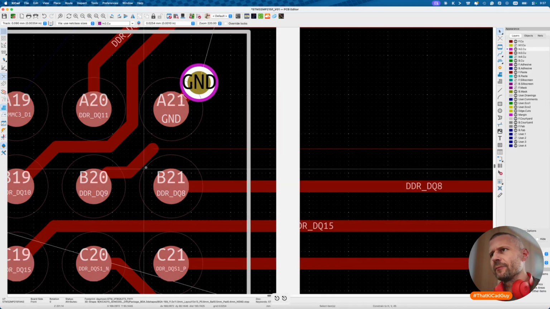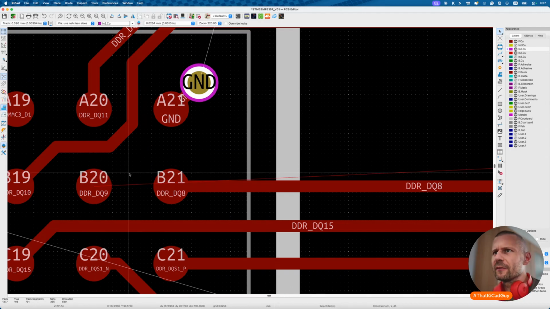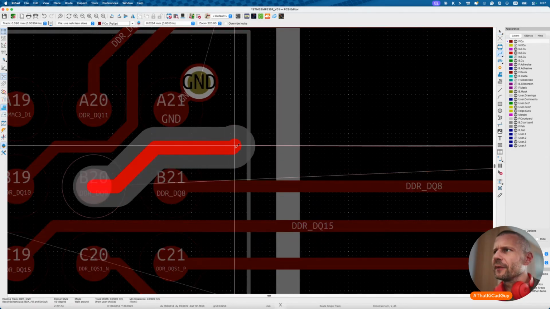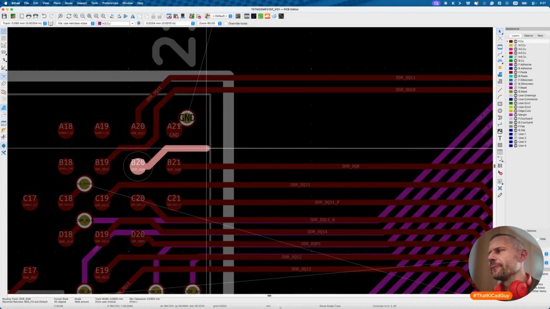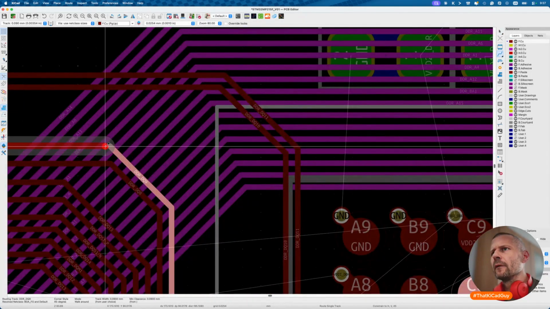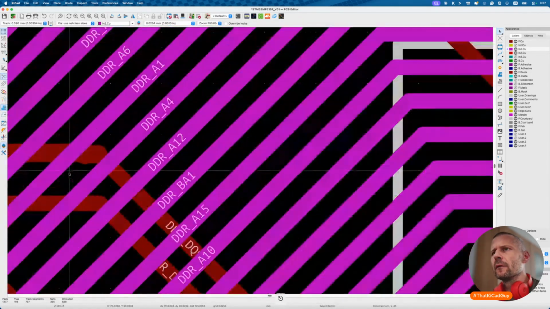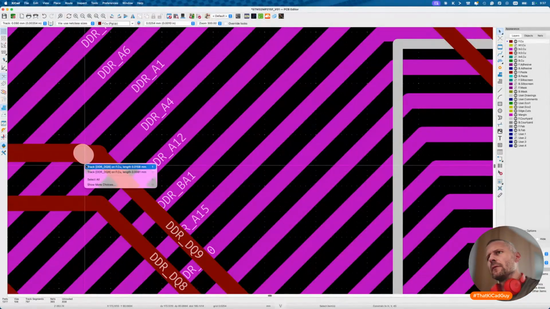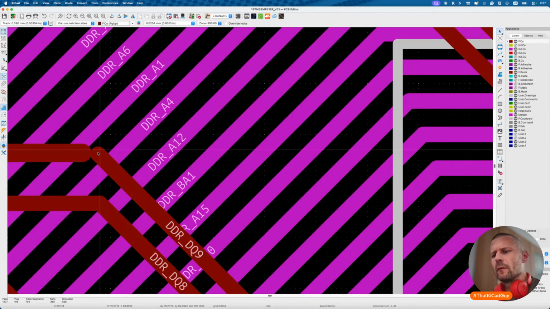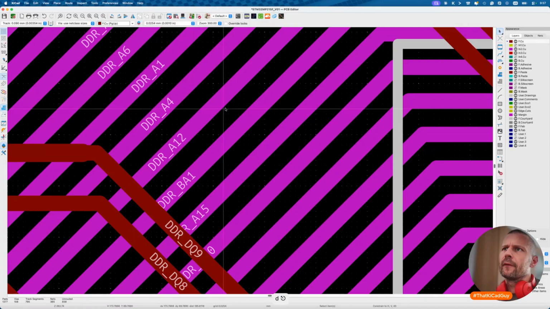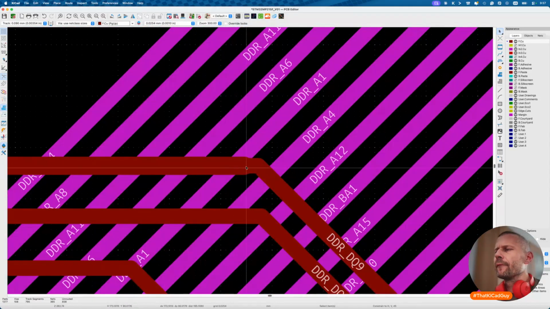Yeah, sometimes it's possible because the pads are not equally distributed, like this. But not here.